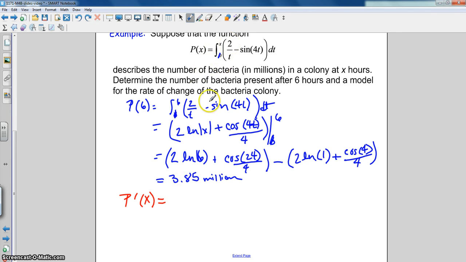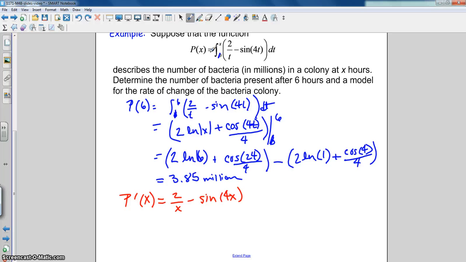I take my function and input the upper bound, so it'll be 2 over x minus sine of 4x. Then all this would be times 1, but I'm not going to write that. The 1 would come from the derivative of whatever my upper bound is.